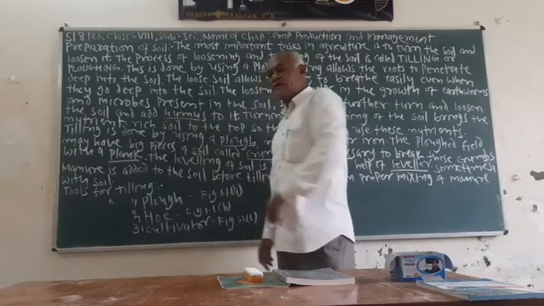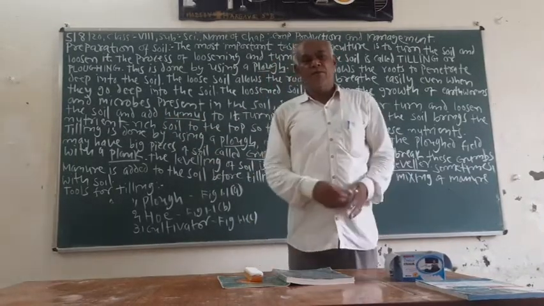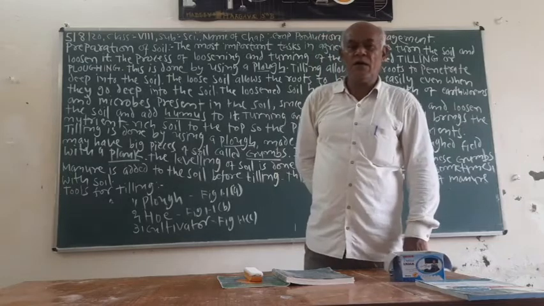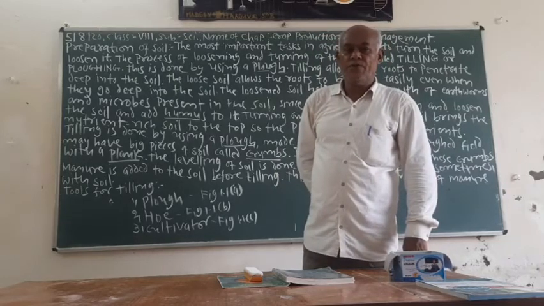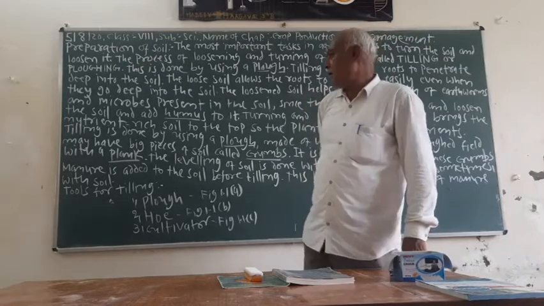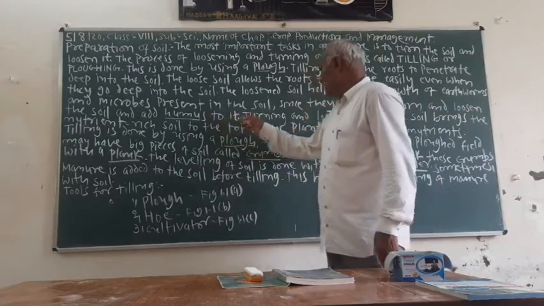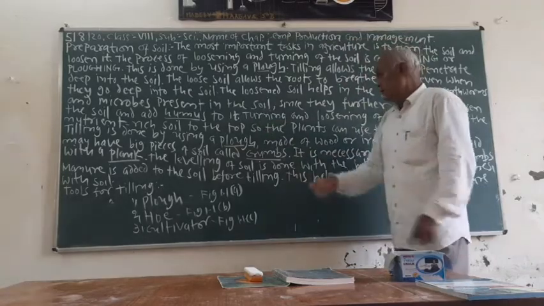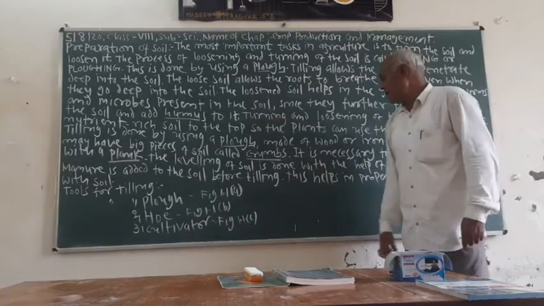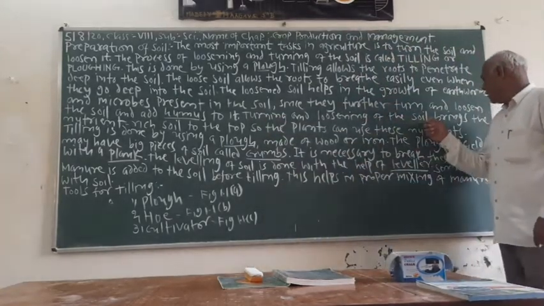This humus is important, as it retains water in the soil, which is essential for the roots of the crops. The next advantage is turning and loosening of the soil.